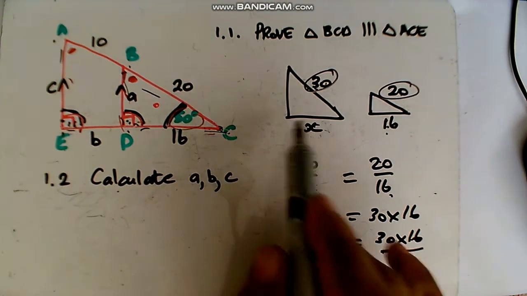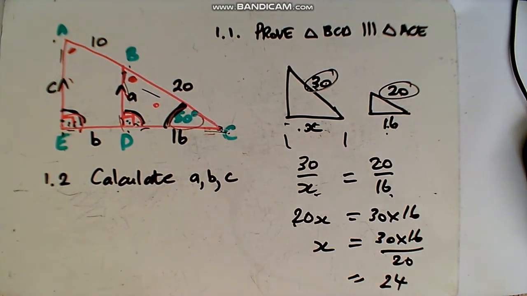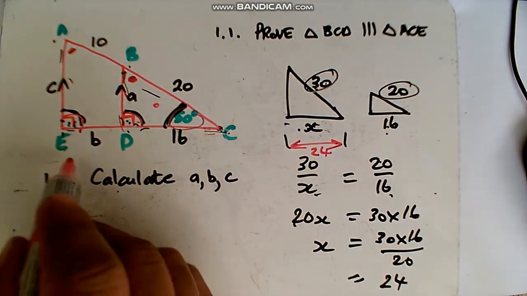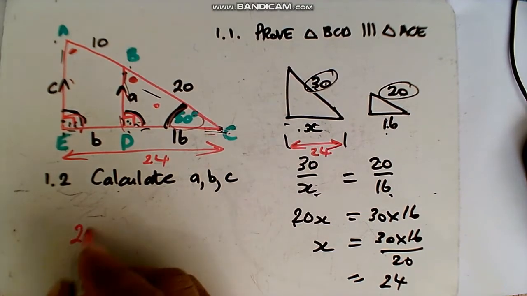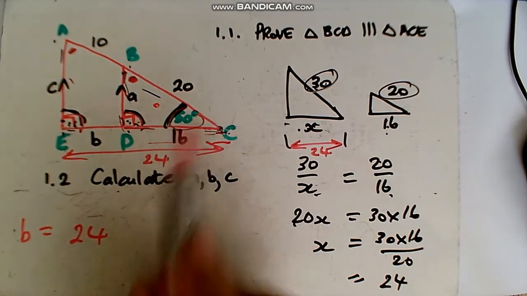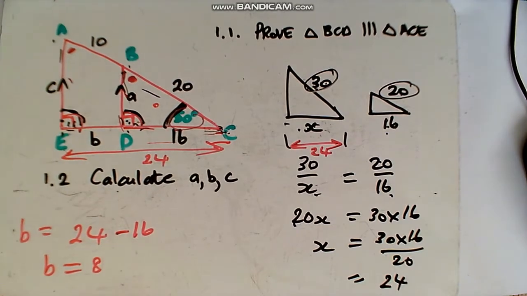Now that you know the whole distance x is 24, we can find out what b is. From there to there is 24, so b is equal to 24 subtract the 16, and b is equal to 8. We have now solved b.